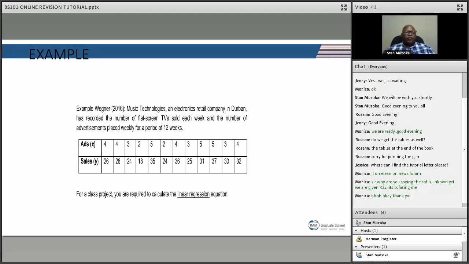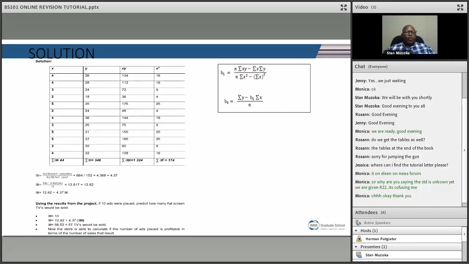In that event, we get to our formula and we realize that we are being asked to get xy, x squared. For B1, there is the formula, and we've got summation x, summation y, summation xy, summation x squared.